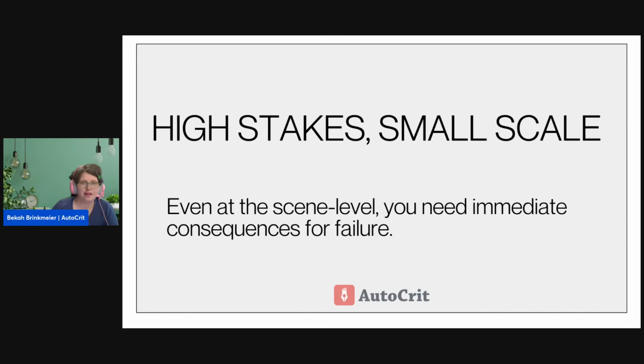So I think writers often think that stakes, again, only matter during the climax, but for a scene to be immersive and gripping, there needs to be some sort of immediate consequence for failure. So if the character fails to achieve their specific scene goal, what is the immediate penalty? Does the trail go cold? Maybe they're hunting down the killer.